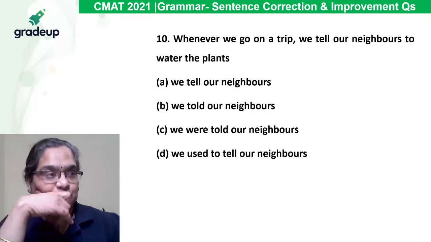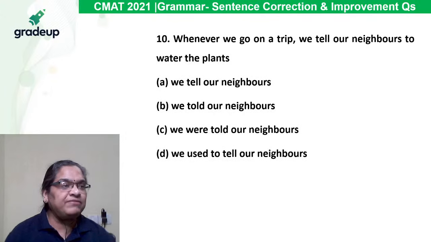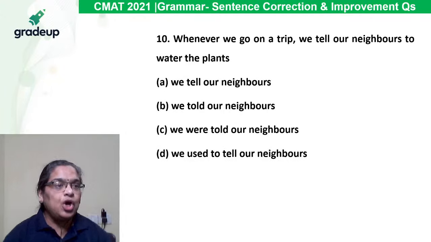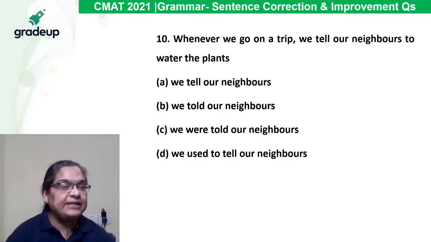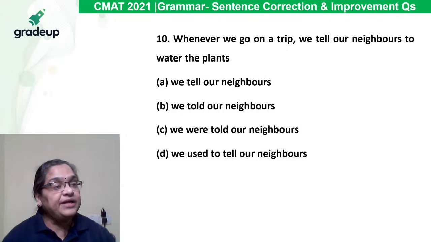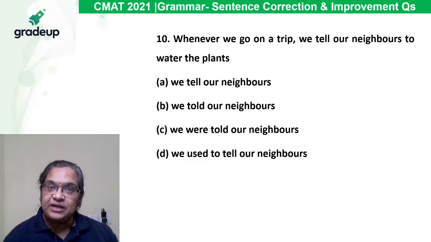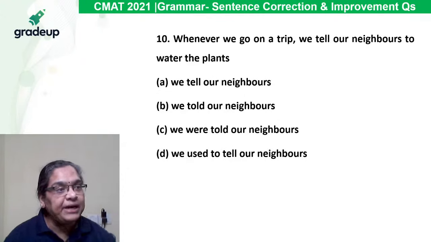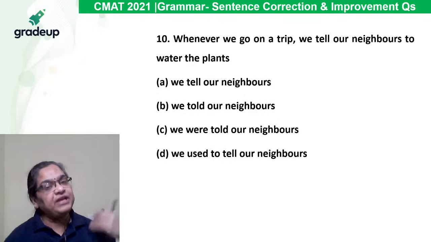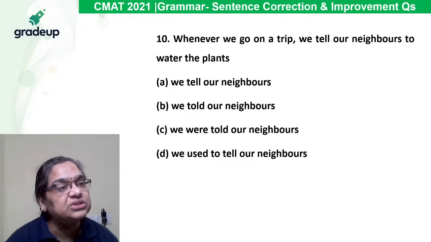Okay. Next one. So just ask yourself, first question, what is the sentence meaning? It is talking of something that happens every time. So it's a regular habit. Whenever you're talking of an event that's a regular habit, what tense should you use?